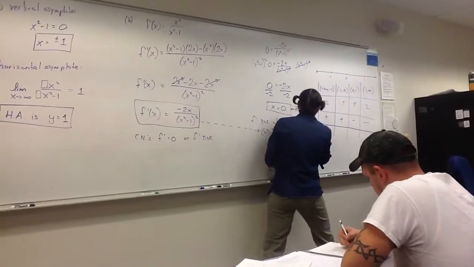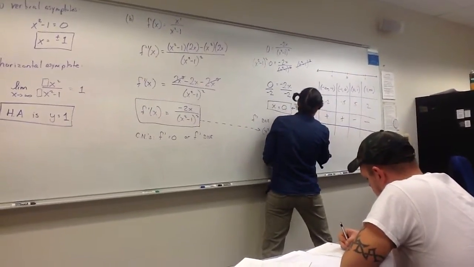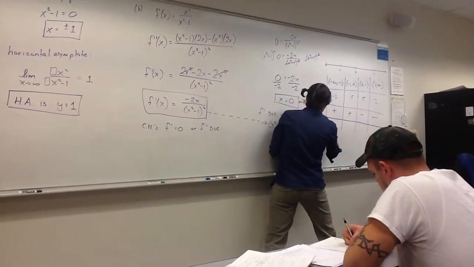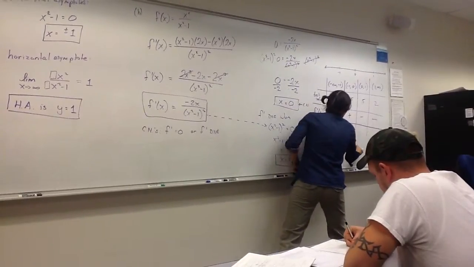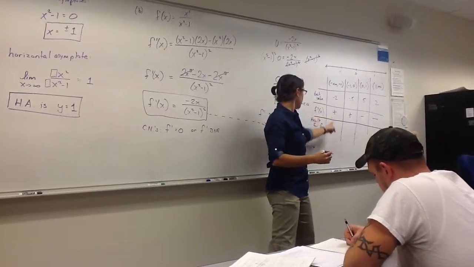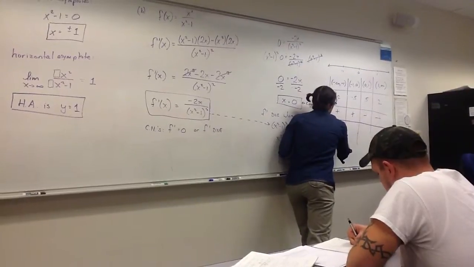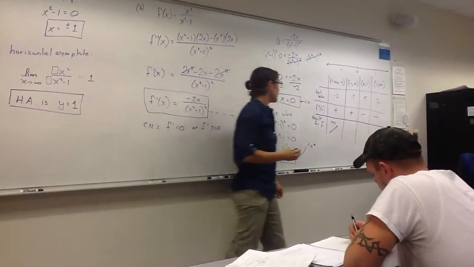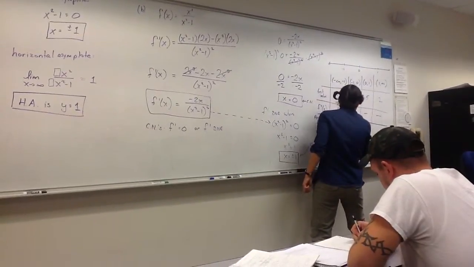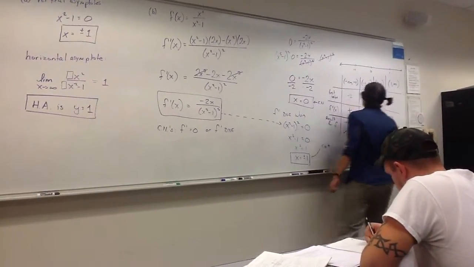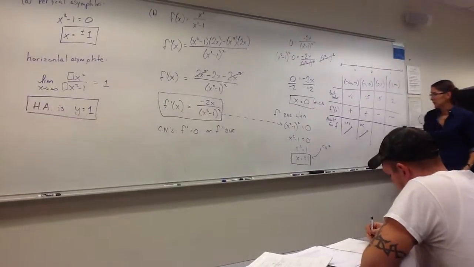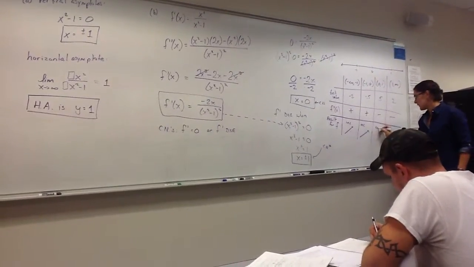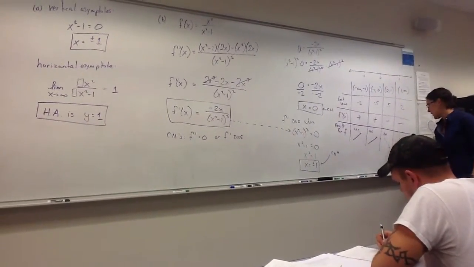So our result for f, when f prime is positive, f is increasing, going uphill. So f is increasing over our first two intervals, and then f is decreasing over our second two intervals.